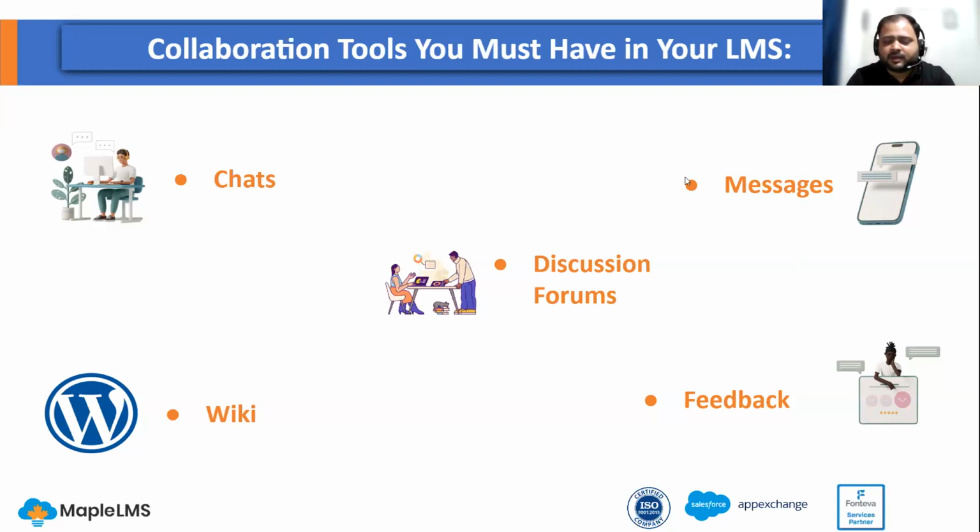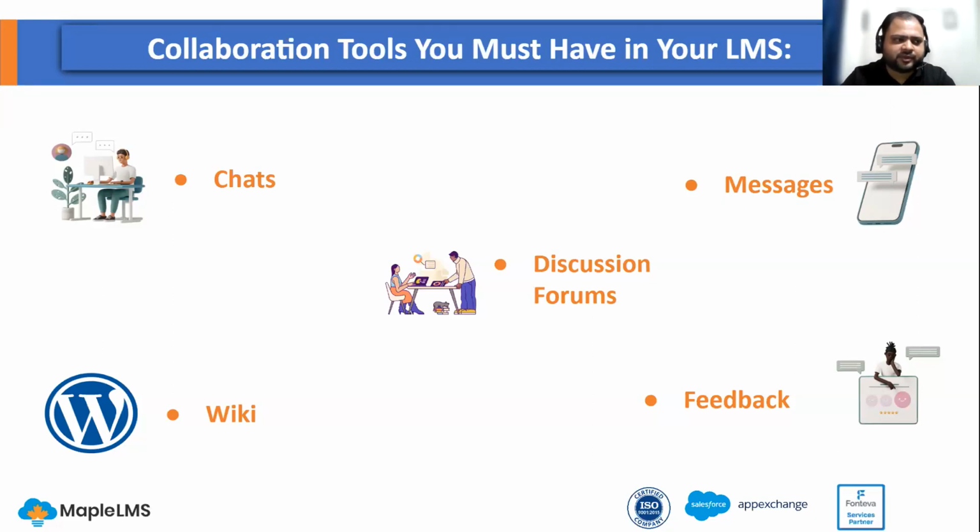And then messaging. This refers to one-on-one messaging functionality that an LMS can provide. I've seen this in most cases where you have an instructor-led course, and a participant is trying to reach the instructor with some questions.